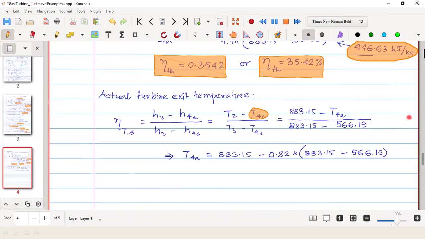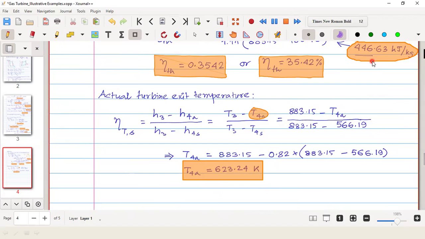The unit should be Kelvin. After calculating, it comes to be 623.24 Kelvin. So that is T4A. These are the additional things that we have determined.